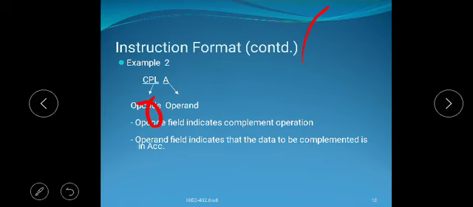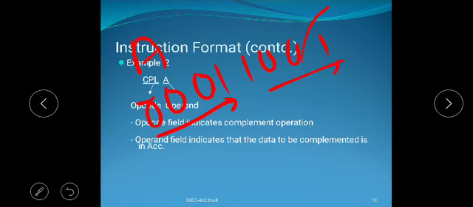For example, take 00011001. If you complement the register A, you get 01100111.